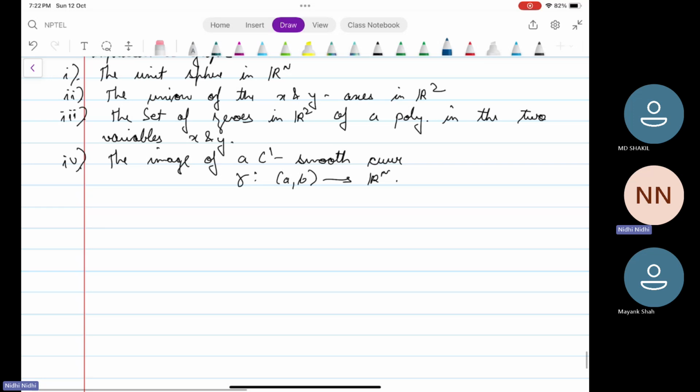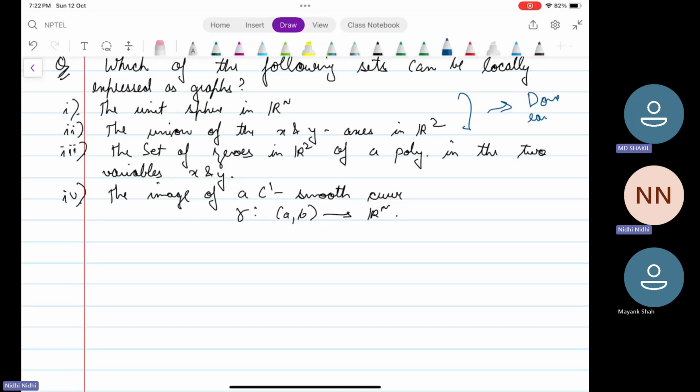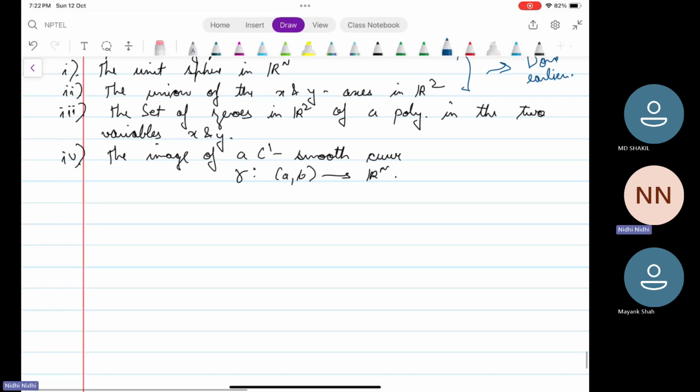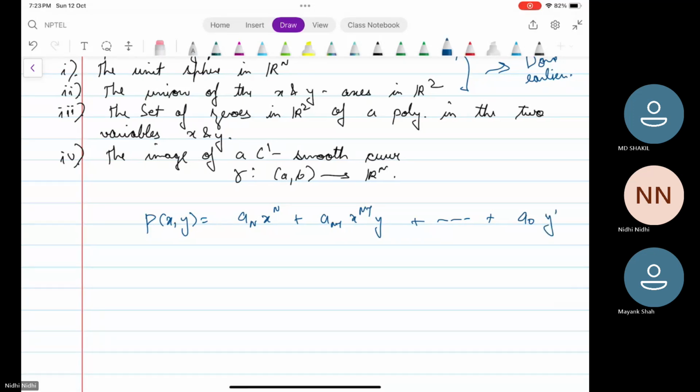These two we did earlier. Set of zeros: suppose we have a polynomial, x to the power minus one, y to the power minus one, over 12.